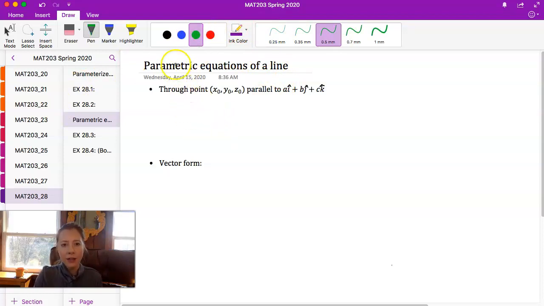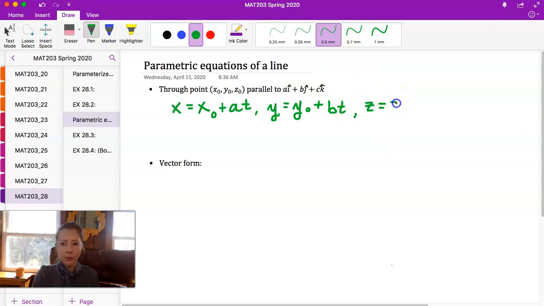The x coordinate is going to be equal to x naught plus at, y is going to equal y naught plus bt, and z is going to equal z naught plus ct.